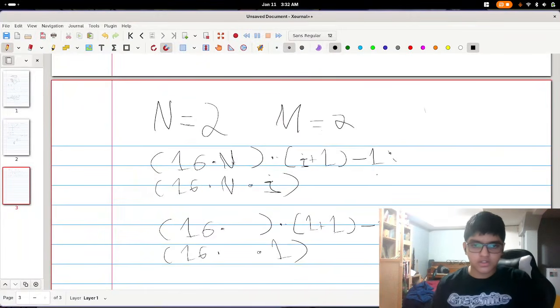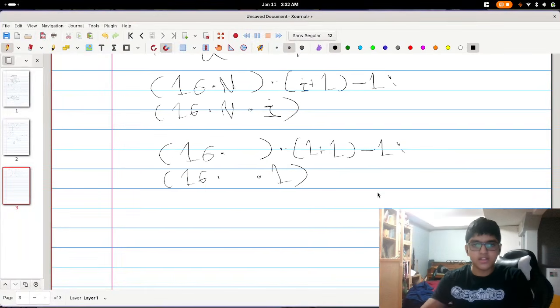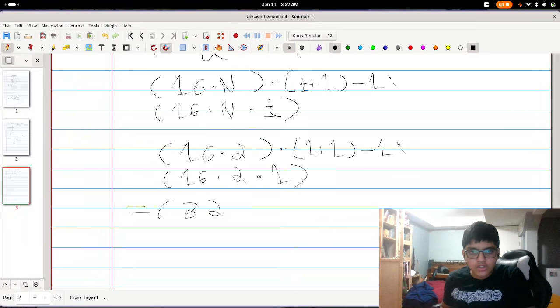So this is equal to here 2, 2. So this is equal to 32 times 2 minus 1 to just 32, which is equal to 63, 32.